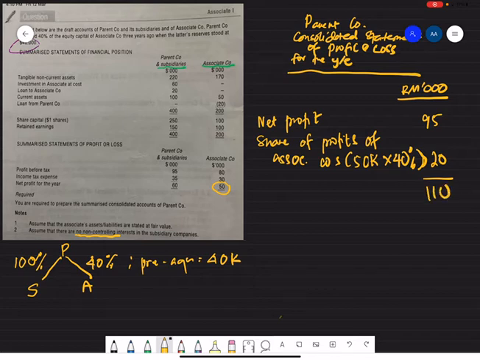It means that now you have already taken account of the profit of associate using equity accounting.